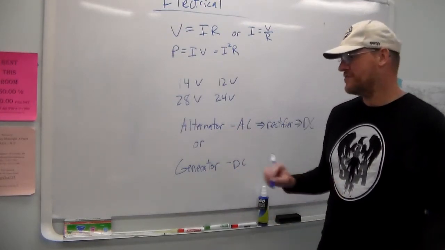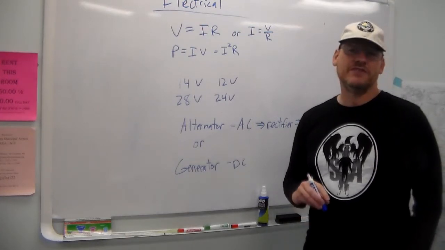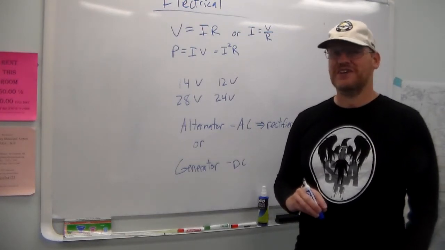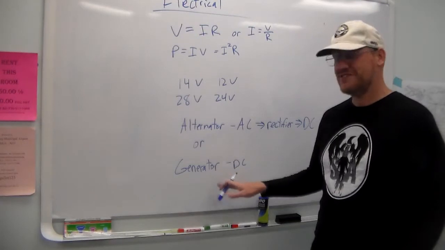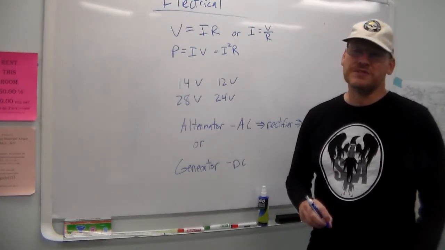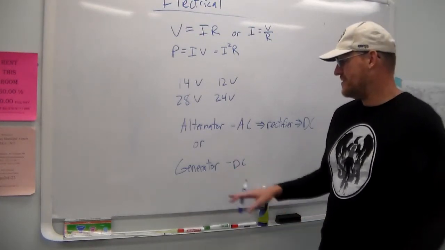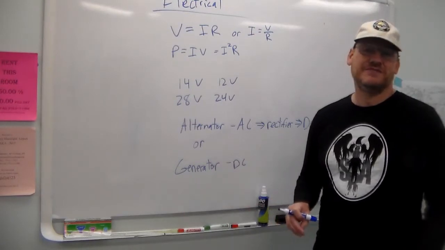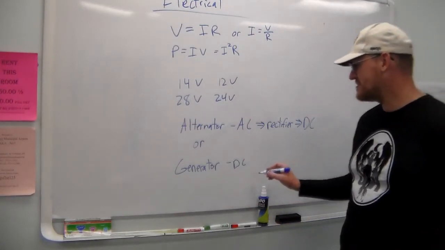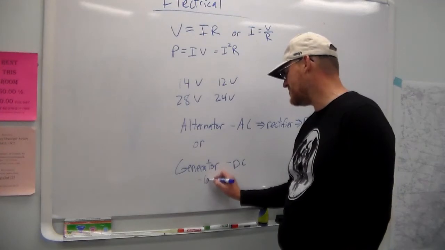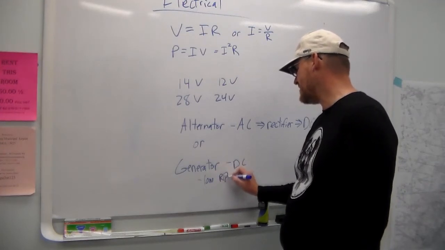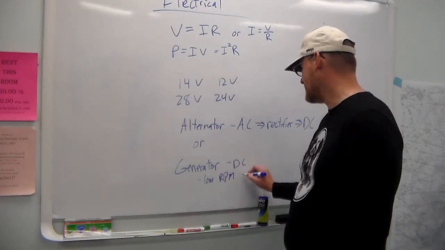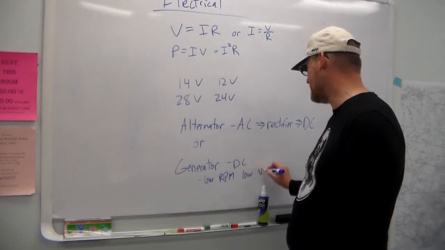So you might say, how come most planes have an alternator instead of a generator? Well, if you fly the Club 1960 172 Alpha, it has a generator because it's old, and it has some downsides, right? So the biggest downside is at low RPMs, nothing happens because you get low voltage.